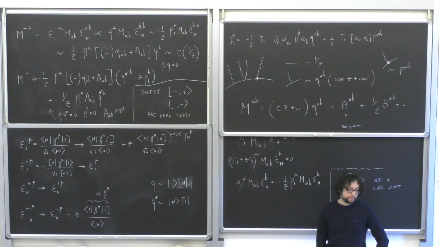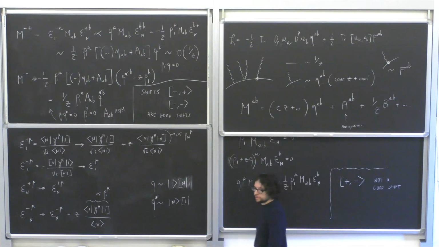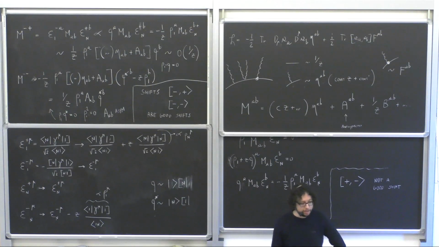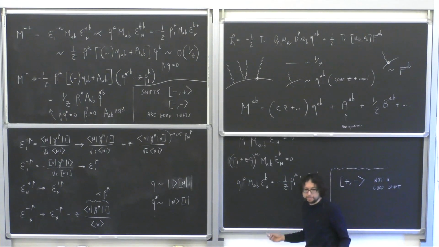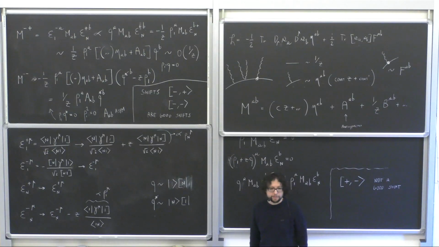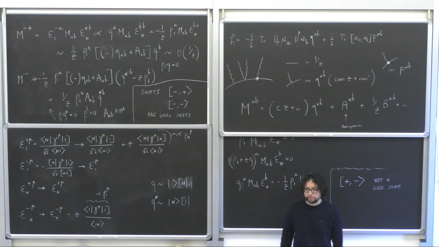I mean, the typical trivial example is phi to the 4 theory, right? What is the behavior of the 4-point amplitude at a large value of the complex parameter? Well, it goes as a constant because there's just one diagram, which is a contact diagram, right? So what does this mean? Is there something wrong with the theory, or that simply you have that physical information which you provide at 4 points? Obviously, it's the latter.